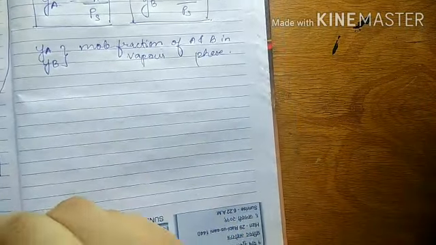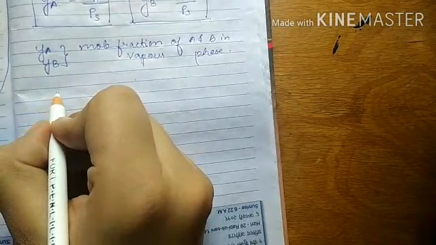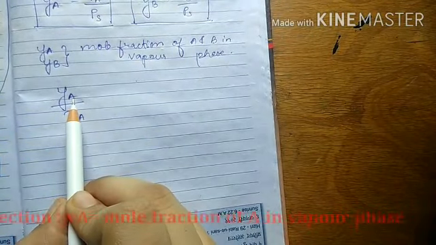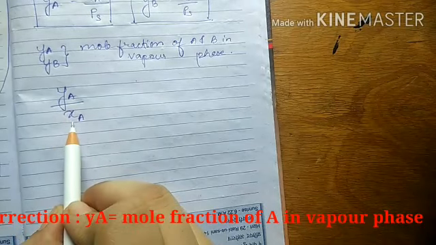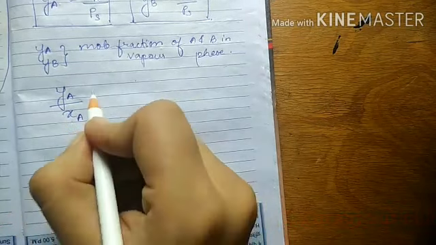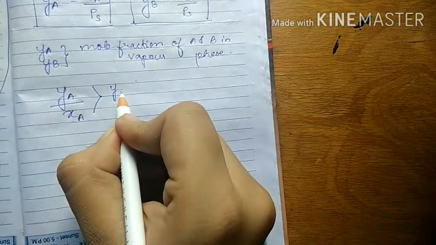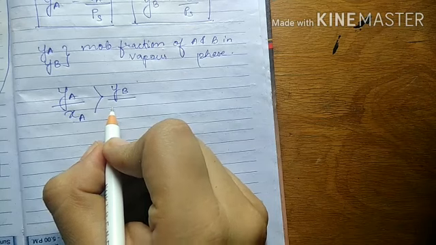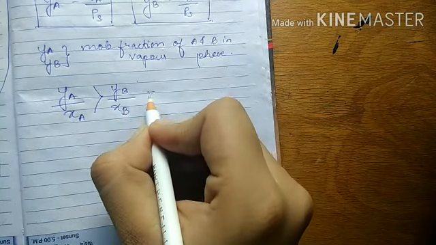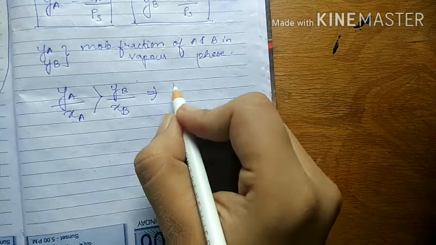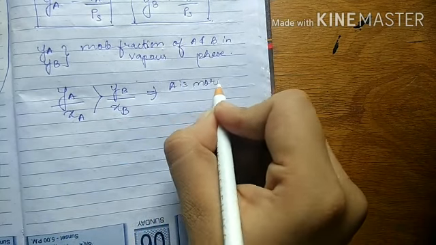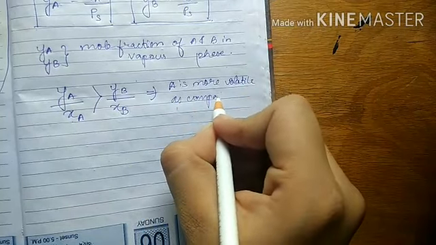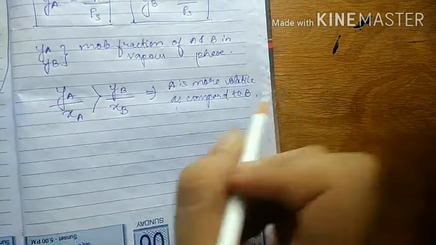Now we have to remember one more thing here. If YA upon XA, that is the ratio of vapor pressure of A upon the mole fraction of A, is greater than the vapor pressure of B upon the mole fraction of B, then A is more volatile as compared to B. Sorry, I made a mistake here.